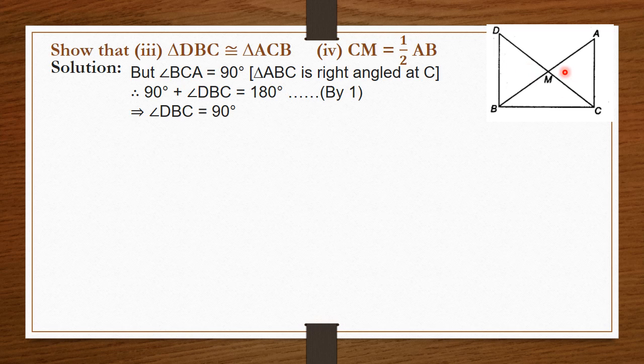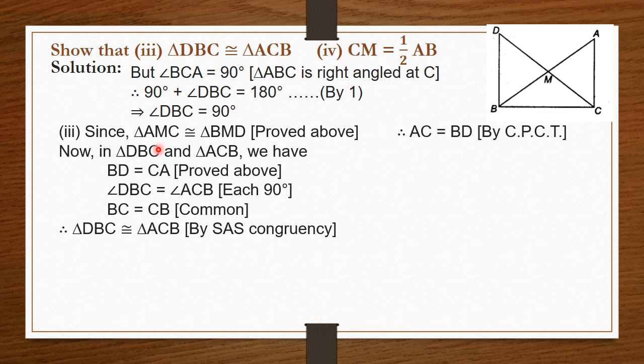Therefore their corresponding sides are also equal. So we can say DB is equal to AC. So DB equals to AC, the angle B is 90 degree and BC is common. So therefore we can say by SAS rule they are congruent to each other.